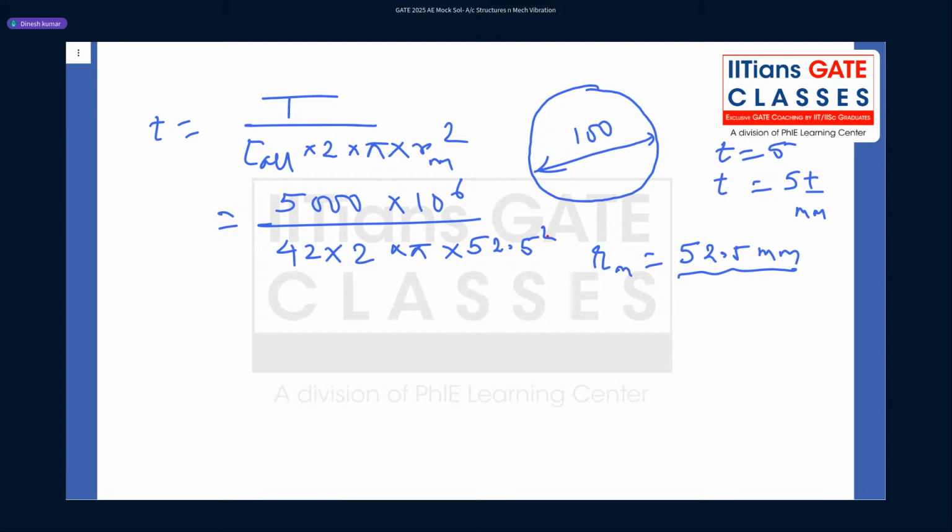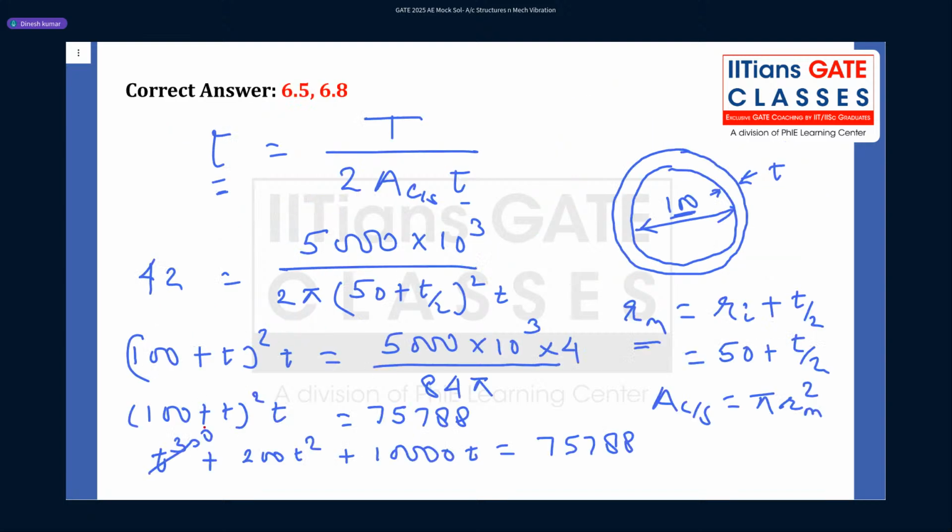Now guys, from here my t is coming approximately 6.86. Now what you can do, you can substitute this 6.86 in this equation, or in this, and try to check.